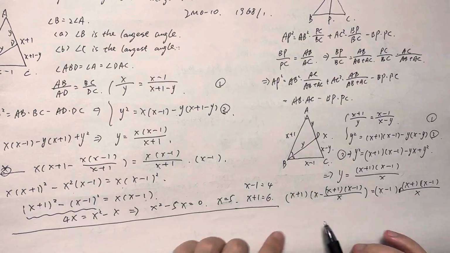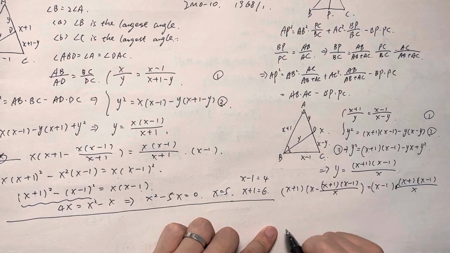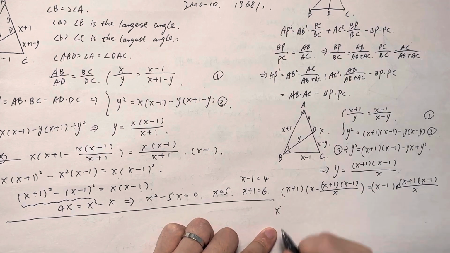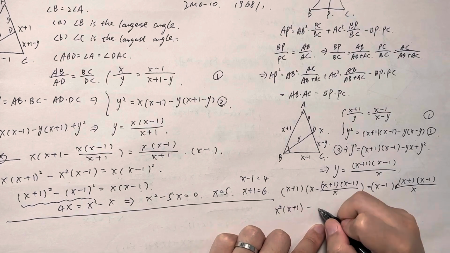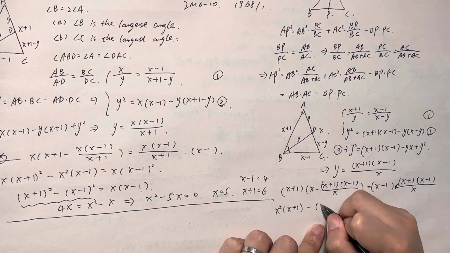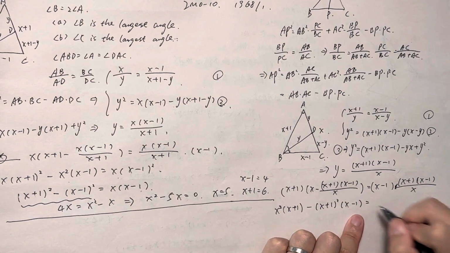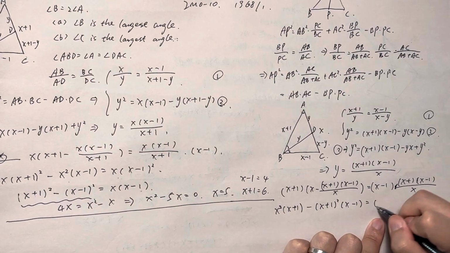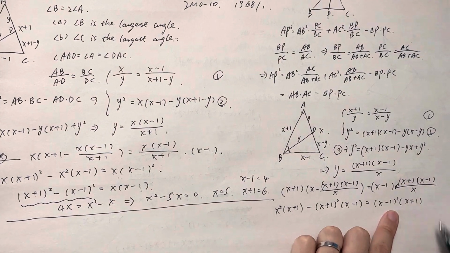Right, so we can multiply x on both sides of the equation, so we got x squared times (x plus 1) minus (x plus 1) squared times (x minus 1) equals 2(x minus 1) times (x plus 1)(x minus 1) squared actually.